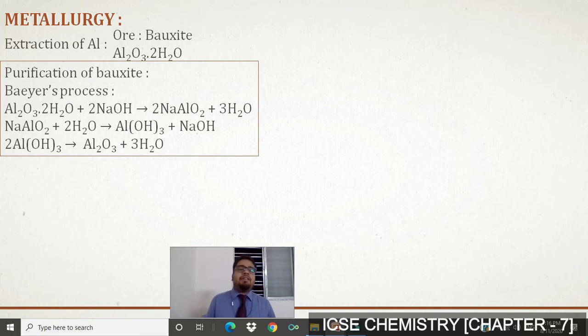In the chapter metallurgy, mostly we need to discuss extraction of aluminium. So we will discuss how aluminium can be extracted. The very first step is concentration of the ore, or purification of bauxite. If you observe the chemical formula of bauxite, Al2O3.2H2O, that means with the compound of aluminium, some water is also there.